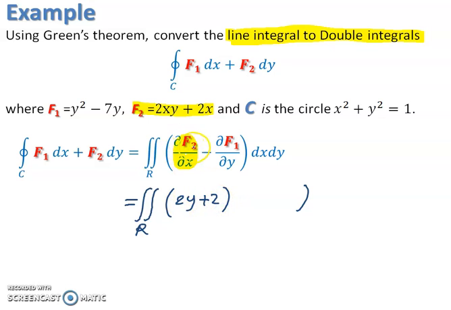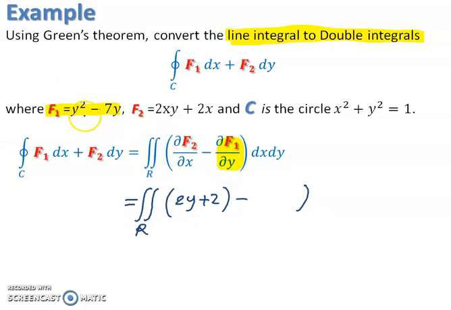This is the partial of f2 with respect to x minus, now we find the partial derivative of f1 with respect to y. That means the derivative of f1 with respect to y.